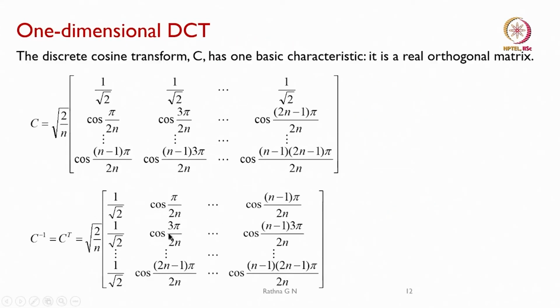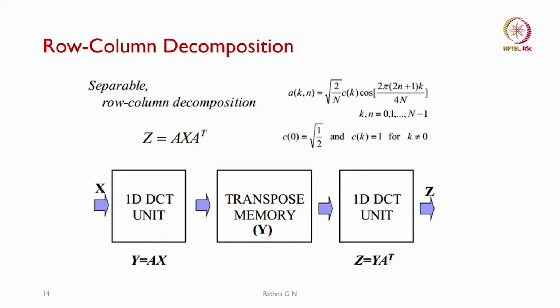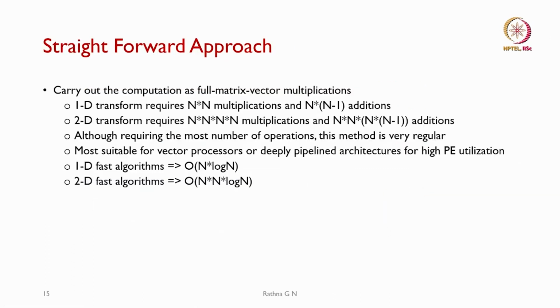This is my transpose of y, where A into x is what we will be transposing. Then I apply the same 1D DCT unit, and I will be getting y into A transpose. That is my z, as shown here. So this is how we do the row column decomposition and then the computation.